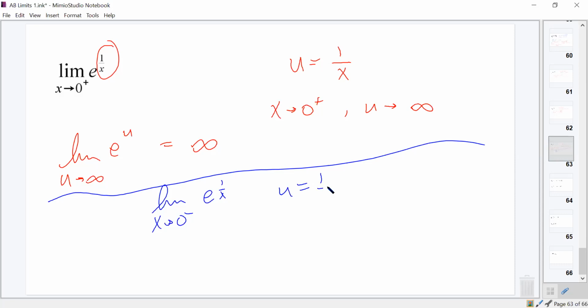If we let u equal 1 over x, and x is approaching 0 from the left, then u is approaching, what did we say? That should be approaching negative infinity. So this would become the limit as u approaches negative infinity of e to the u, which would give us 0. Everybody good or no? Good. Cool.